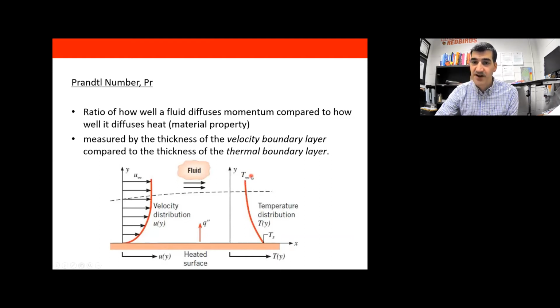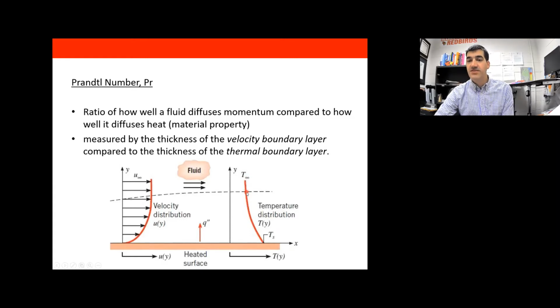There's a profile that looks kind of similar to the velocity boundary layer that we call the thermal boundary layer. Right next to the solid surface, the fluid is at the same temperature as the solid surface. But as we go farther away from the solid surface, the temperature of the fluid gets lower and lower, closer and closer to the bulk fluid temperature.